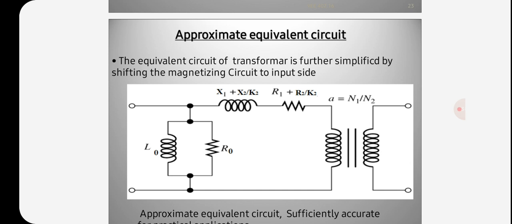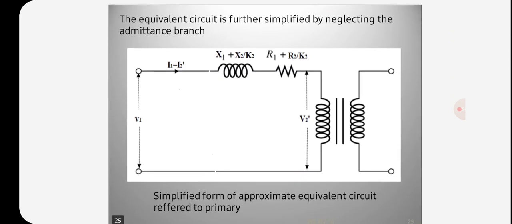So R naught 2 cos phi is equal to minus x naught 2 sin phi, so sin phi by cos phi is equal to minus R naught 2 by x naught 2. So tan phi is equal to minus R naught 2 by x naught 2. The negative sign indicates that zero regulation occurs at a leading power factor.